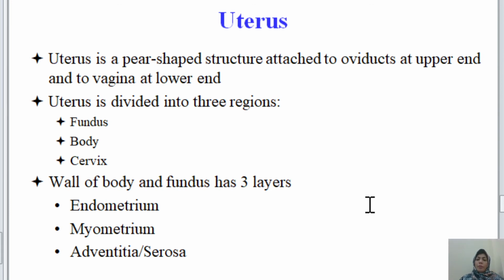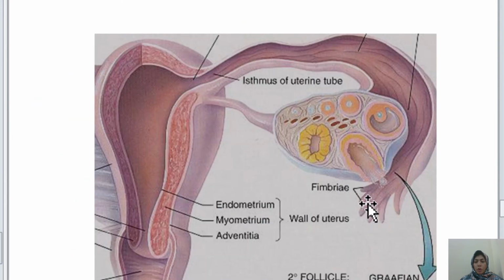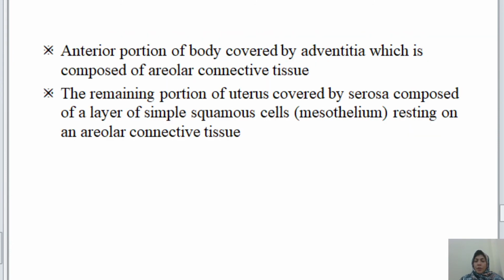The wall of the body and fundus has three layers: endometrium, myometrium, and adventitia or serosa. In this picture you can see these three layers. The endometrium is the inner layer, the myometrium is the thickest, middle layer, and the adventitia is the outer layer.